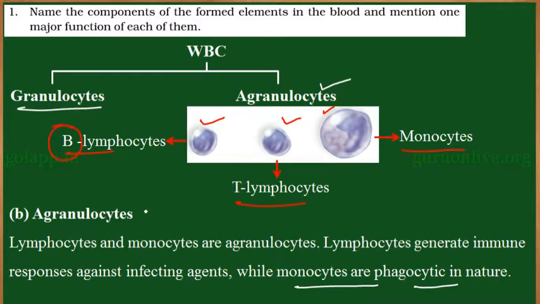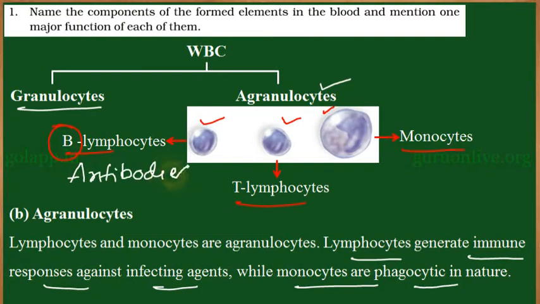Now the other 2 agranulocytes are B lymphocytes and T lymphocytes. So the lymphocytes generally generate an immune response against infecting agents. B lymphocytes produce antibodies. Now these antibodies recognize foreign substances, bind to them and present them to a cell called T lymphocytes.